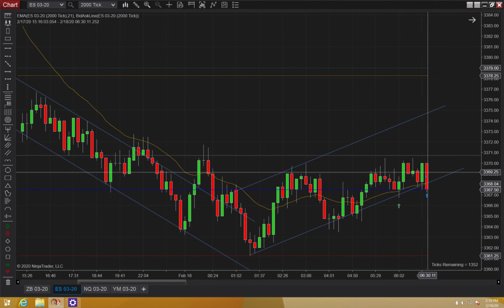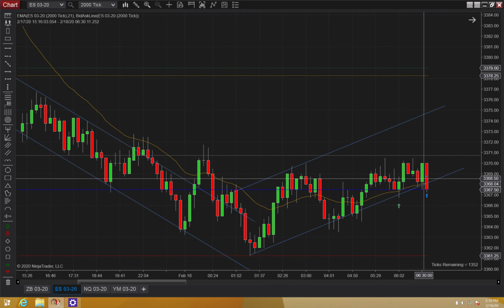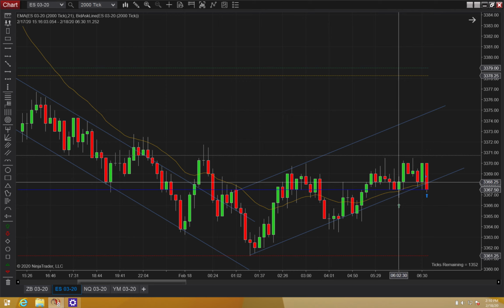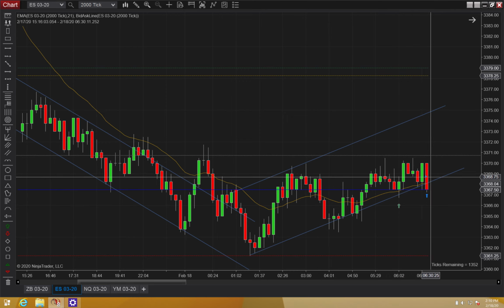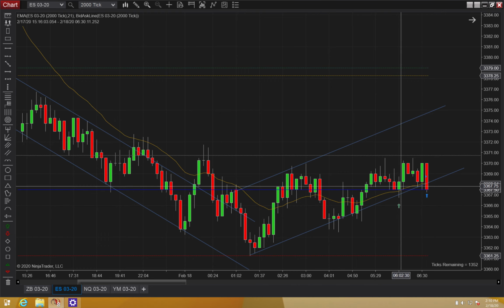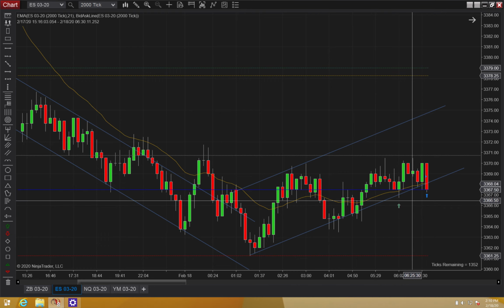I blinked and really these two bars printed, to be honest. So at the time, it's an okay entry. It's a little bit early, but because I had missed this trade, I was just looking to re-enter at that same level, and I still had a 2 point stop, which was below this bar by a tick.